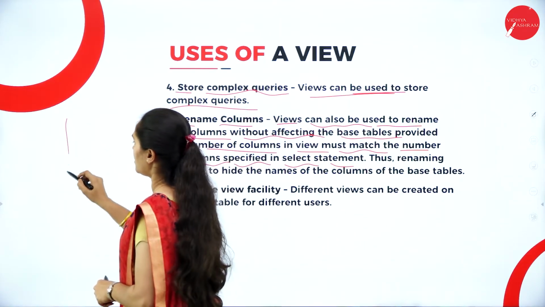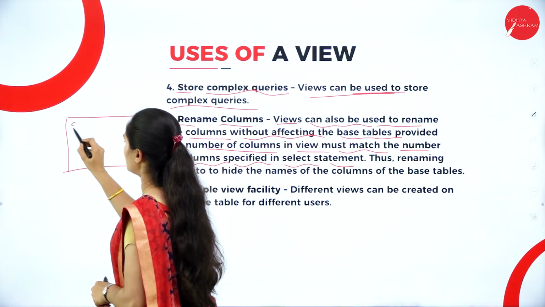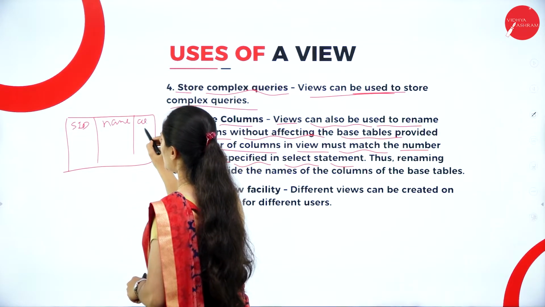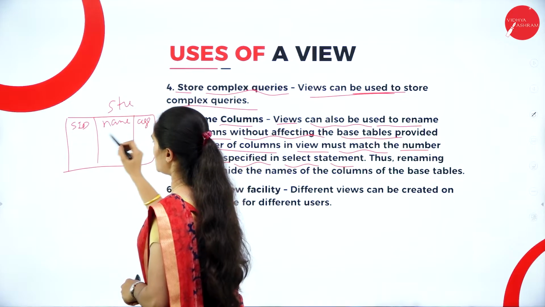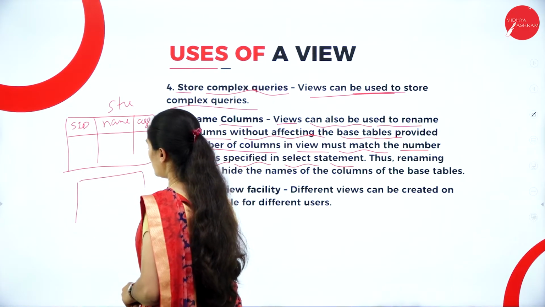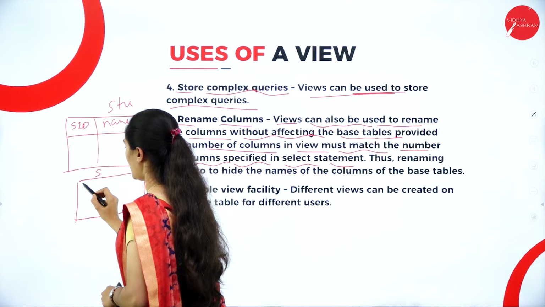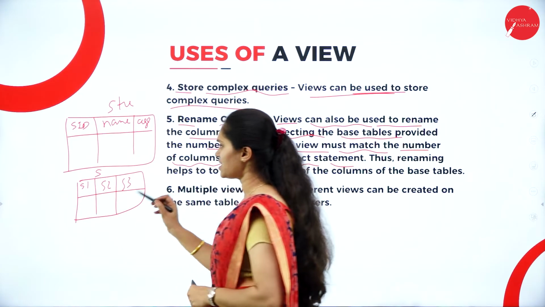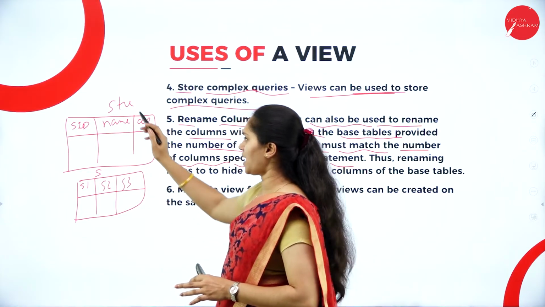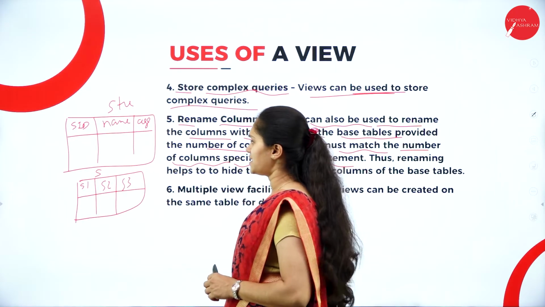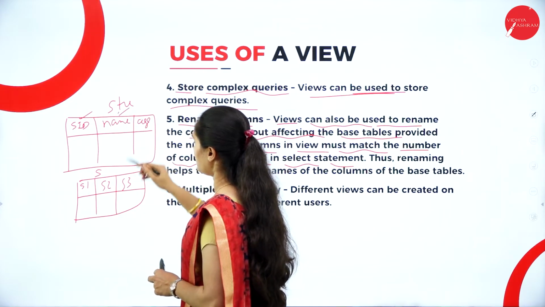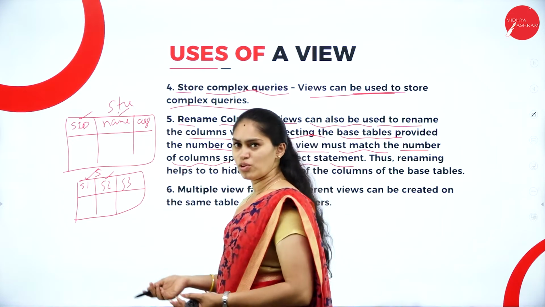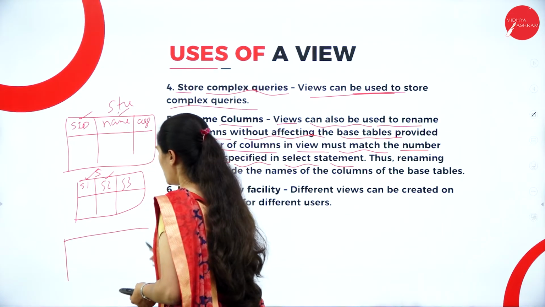For example, consider the student table. Just imagine I have a student ID, a name, and an age in the student table, that is STU. And I have one more table called S, where I also have S1, S2, S3. These are the columns or fields we have in the student table as well as in the S table. By taking student ID, name, and S1, S2 from both tables, I am going to create one more table called a virtual view, that is a virtual table.